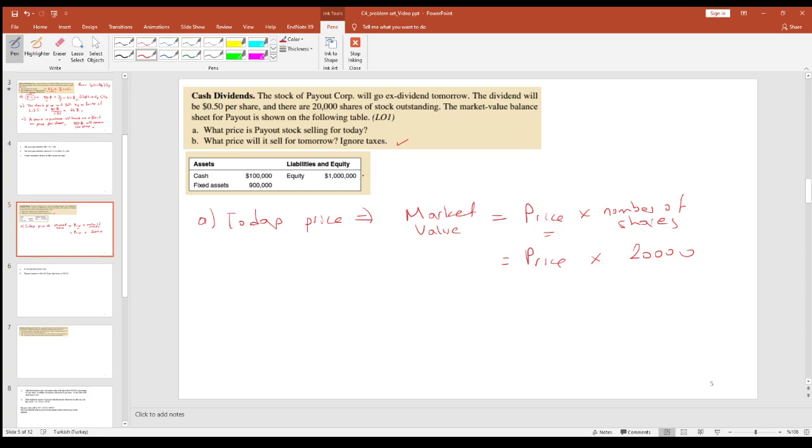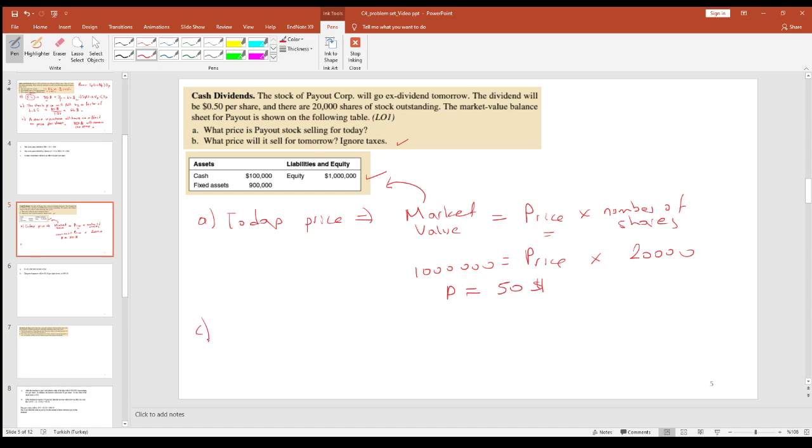If you don't have the market value, you should treat equity as a candidate for market value. So this is 1 million. So price from here is $50 per share.